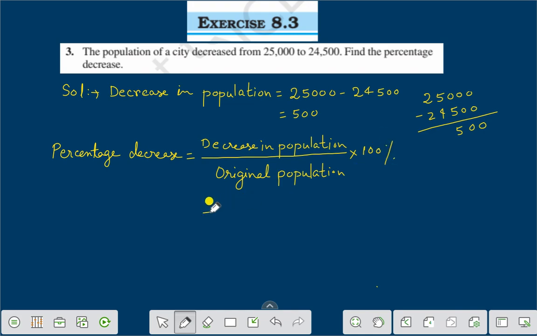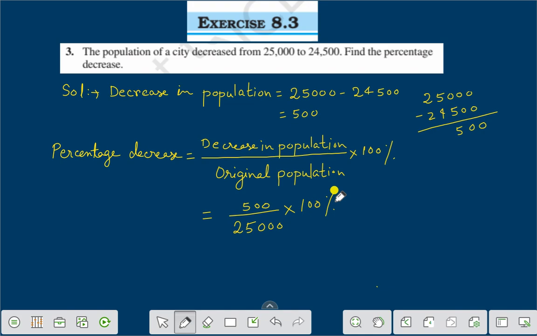We'll find decrease in population is 500 and original population was 25,000 into 100%.